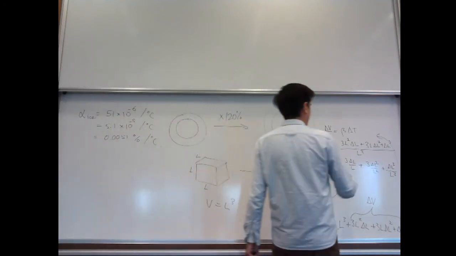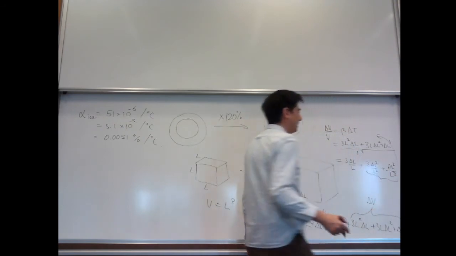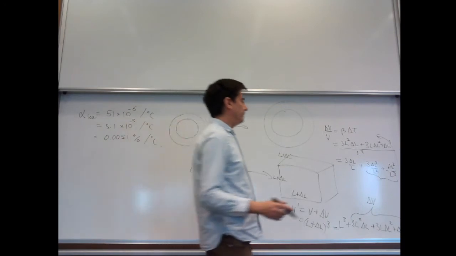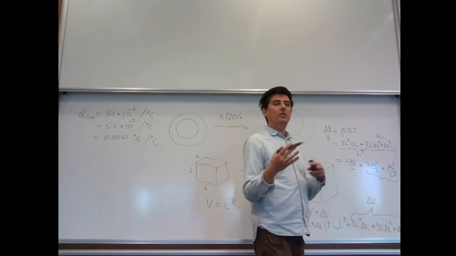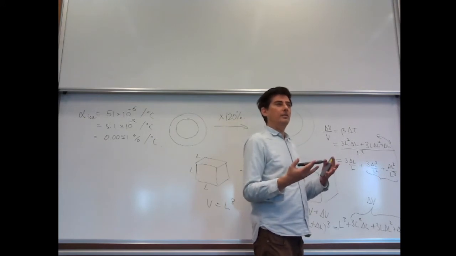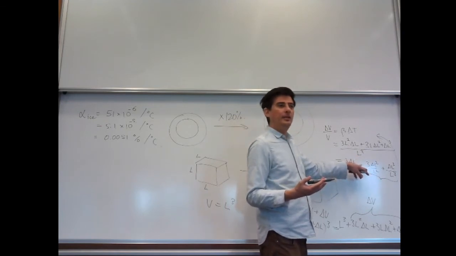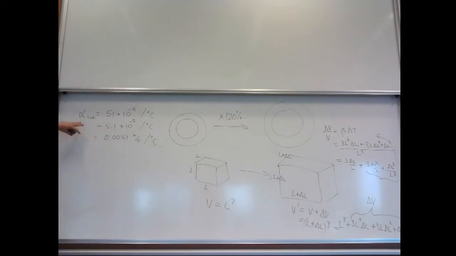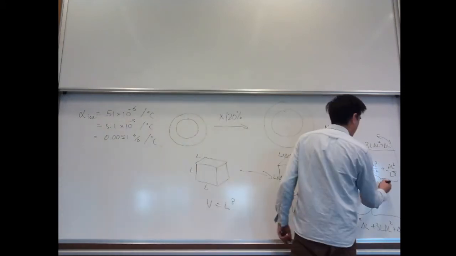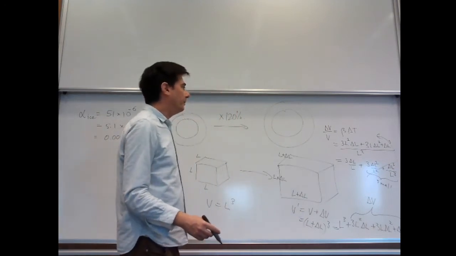But these things are kind of small, because delta L on L is the fractional change. So these are going to be the square of the fractional change, and the cube of it. These are generally pretty small numbers, so we can just say that these are small and forget about them.